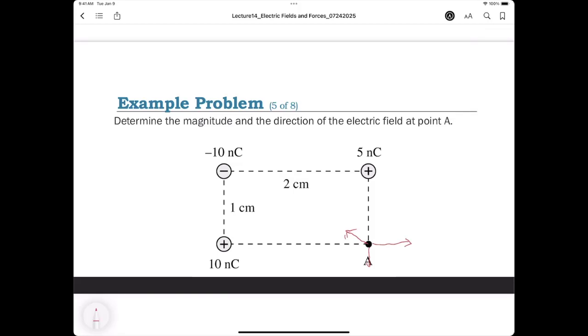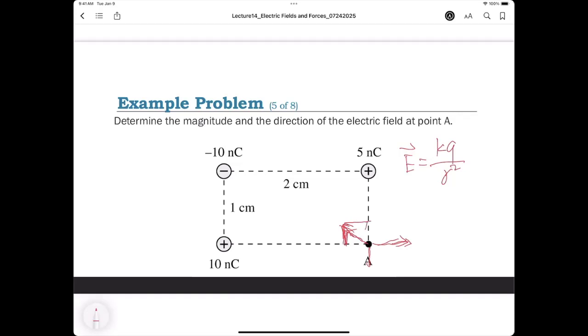What you just need to calculate is every electric field using this equation, kQ over r squared. Then sum all those vectors and get the final magnitude and direction. For this vector, you just have the x component and y component.